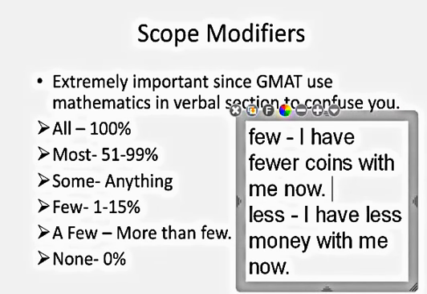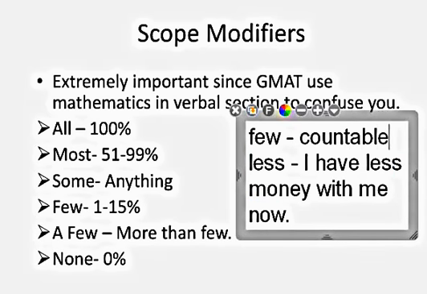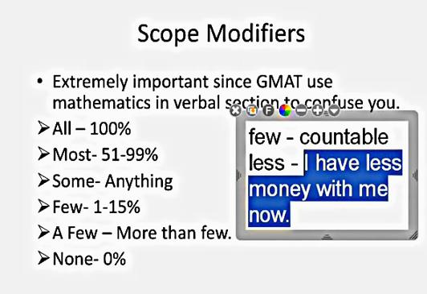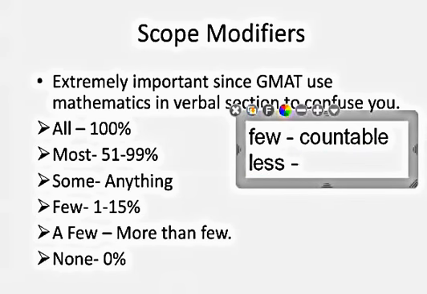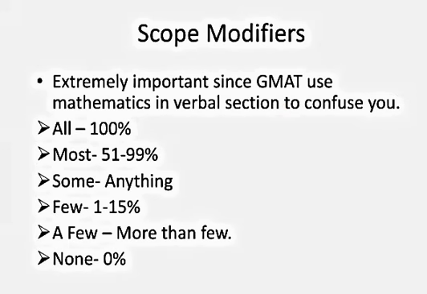So few is all about countable stuff, and that's why it's there in this list also, 1 to 15%, and less is uncountable or non-countable, whatever it is. Just note it down someplace, just remember this, because this is something that may not come up again.